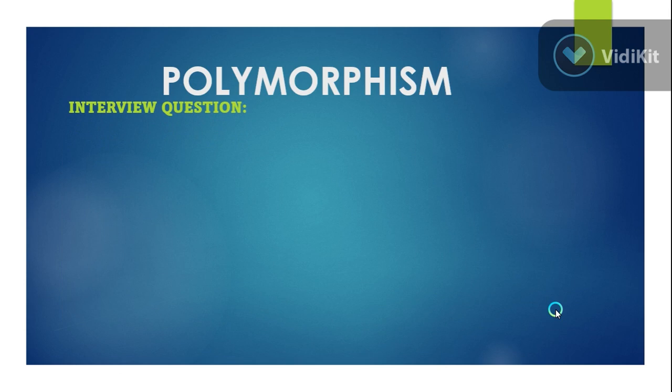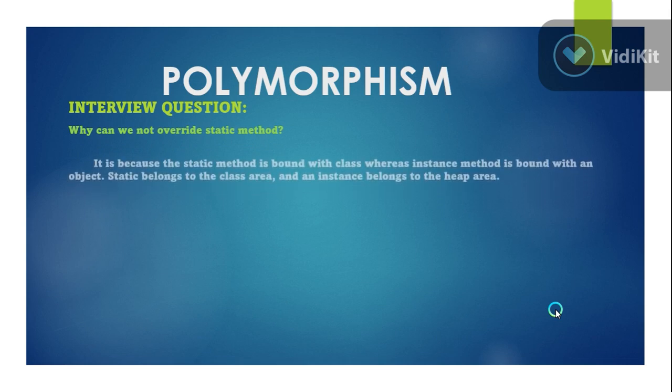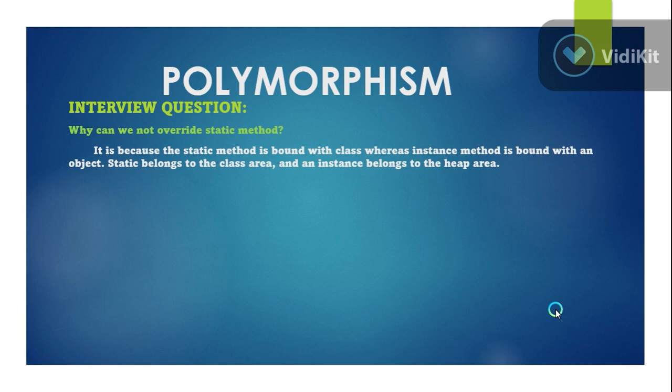And finally, interview questions. Why can we not override a static method? It is because a static method is bound with a class, whereas an instance method is bound with an object.